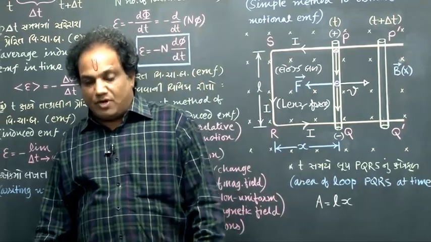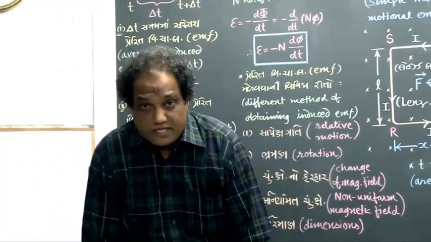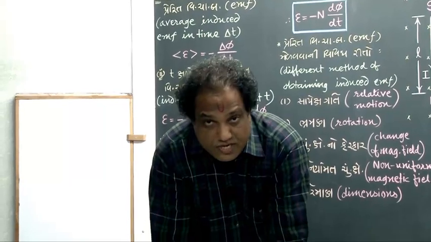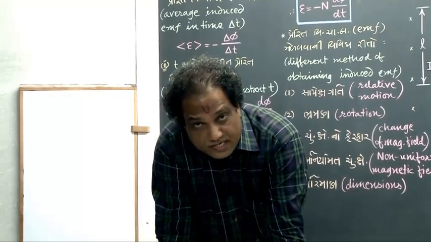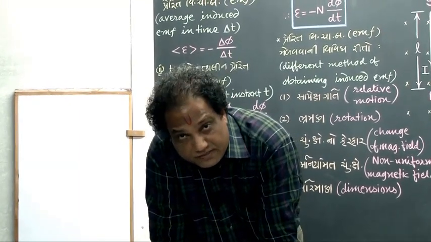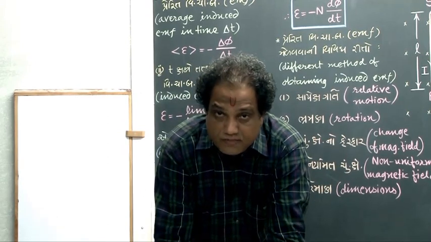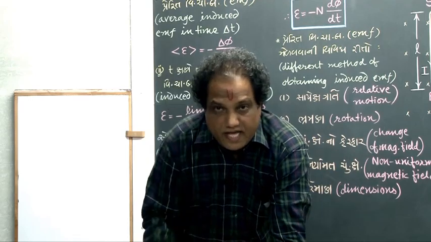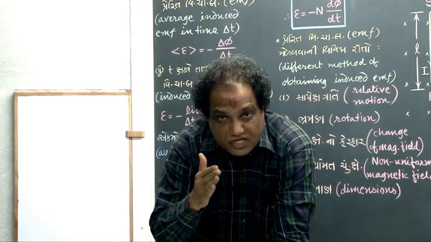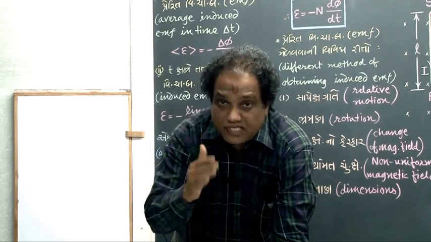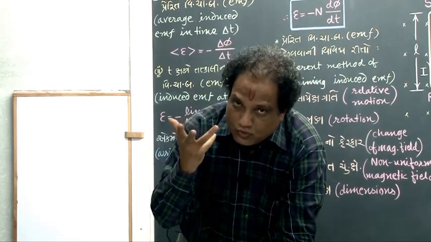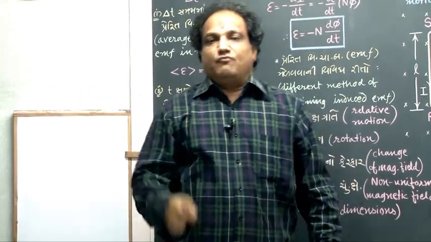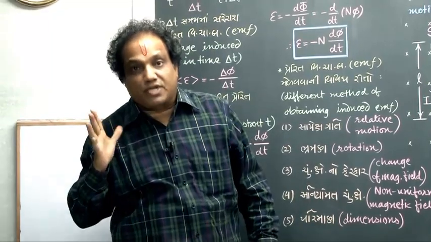Now, my dears, let me know who had invented induced EMF, induced current and electromagnetic induction. You must have remembered it was none but Mr. Michael Faraday. Later on, the direction of induced EMF and direction of induced current was decided using Lenz's law. So, it was Mr. Lenz who had determined the direction of induced current.